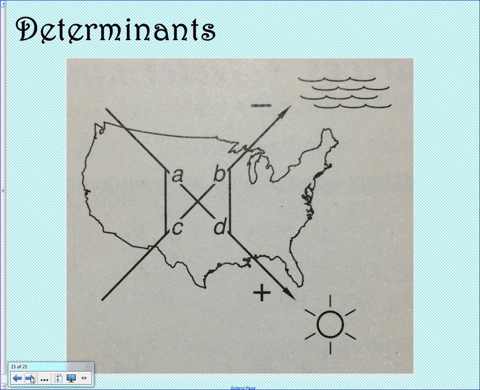So that helps you remember which one's positive and which one's minus. I always just start at the top left, AD, and then go bottom left, BC, and subtract the two. But whatever you want to do to remember that, if you like remembering the cold waters of the North Atlantic and the sunshine of the Caribbean, you can do that as well.